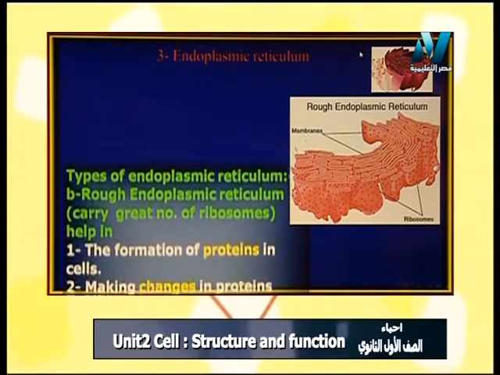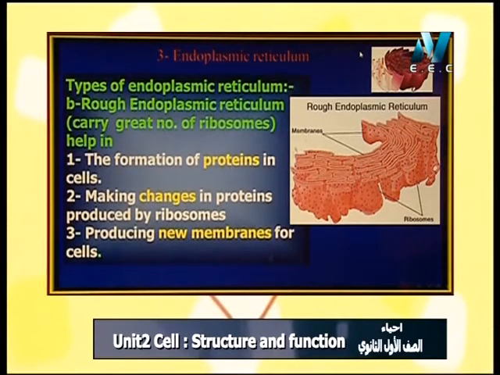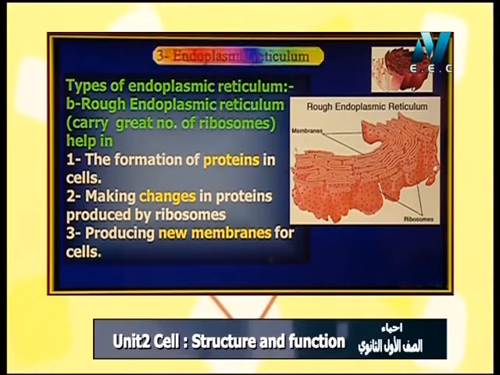عندي rough endoplasmic reticulum and smooth endoplasmic reticulum. Rough endoplasmic reticulum is the endoplasmic reticulum that carries ribosomes on its surface. في fine granules كتيرة موجودة على السيرفس بتاع الاندوبلازميك ريتيكولوم، عشان كده بنقول عليها rough. The rough endoplasmic reticulum has three functions. The first is the formation of protein inside the cell.